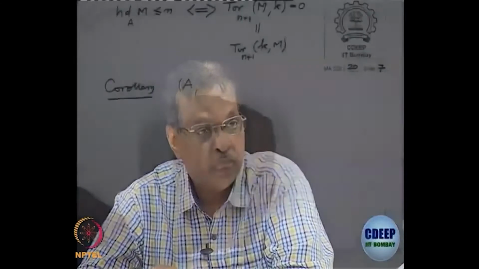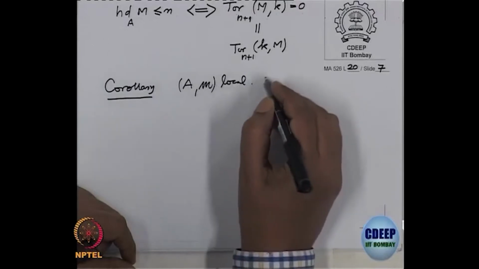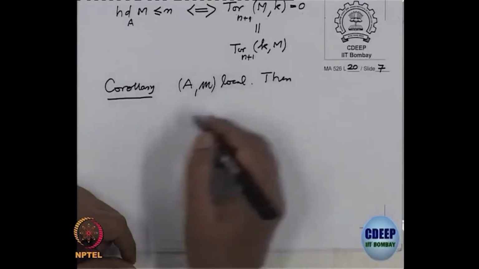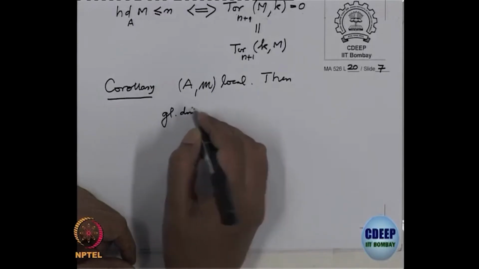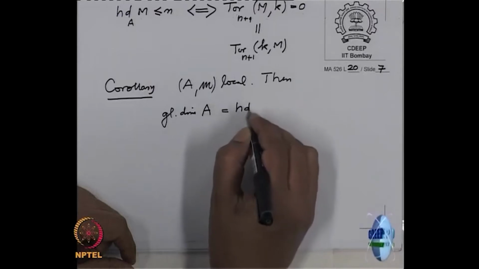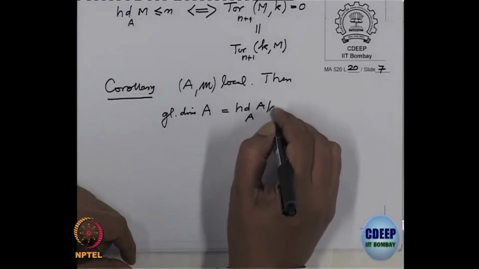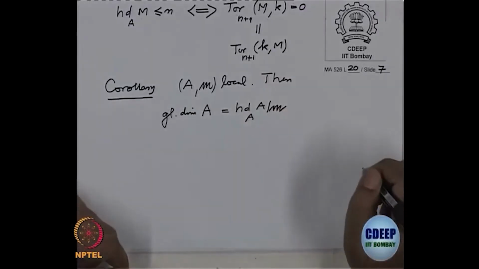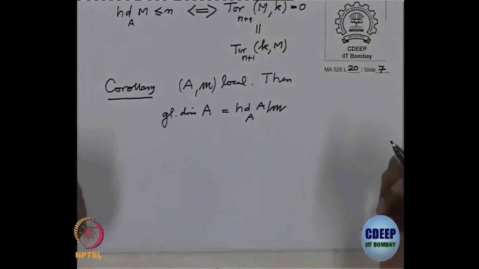Alright. So the corollary I wanted to note was, if you have a Noetherian local ring (A, M), then the global dimension of A is precisely the homological dimension of the residue field as an A-module. So we only have to check the homological dimension of A/M.